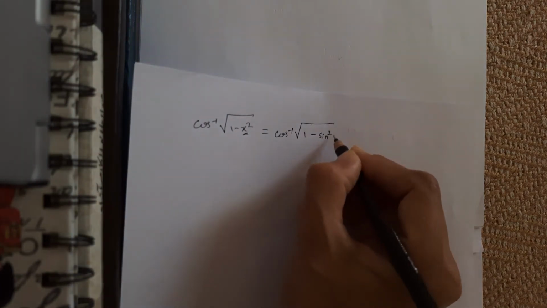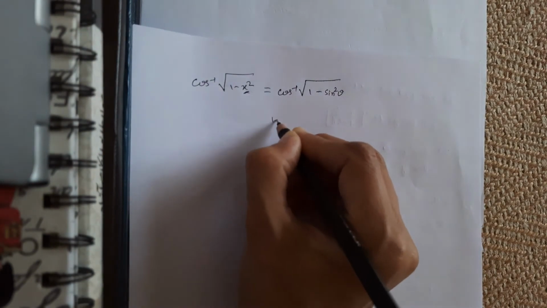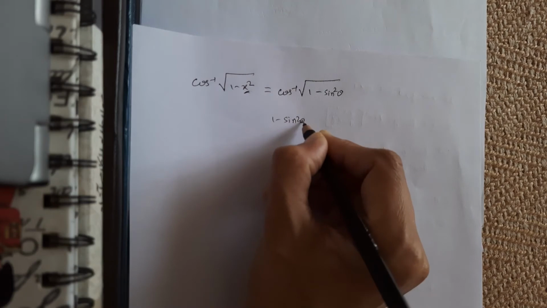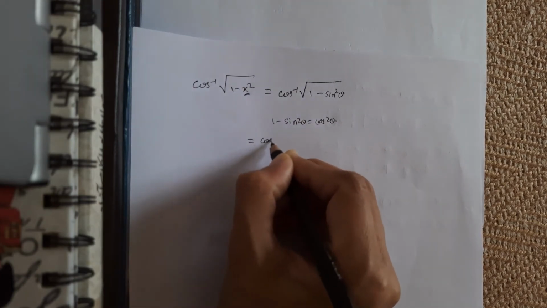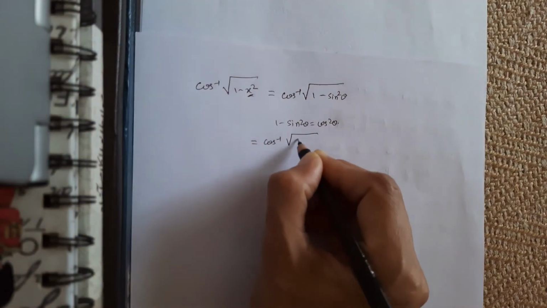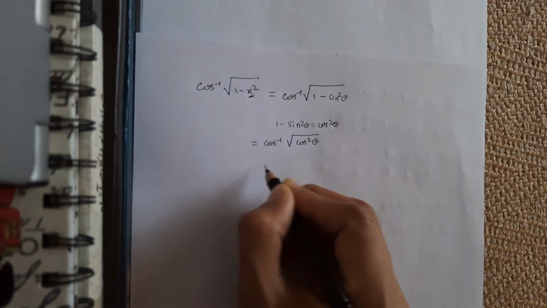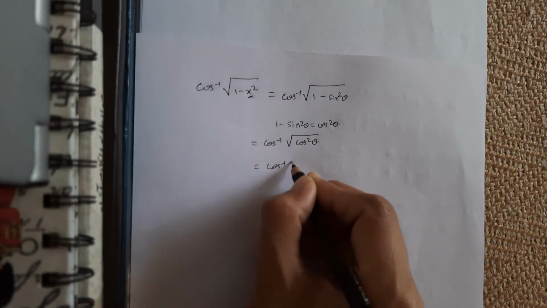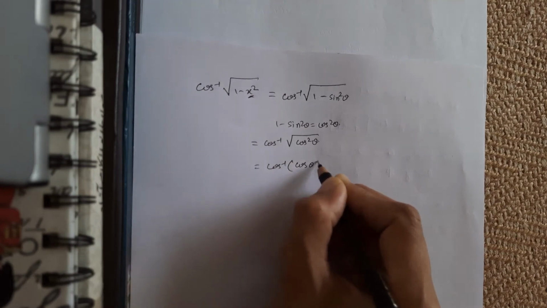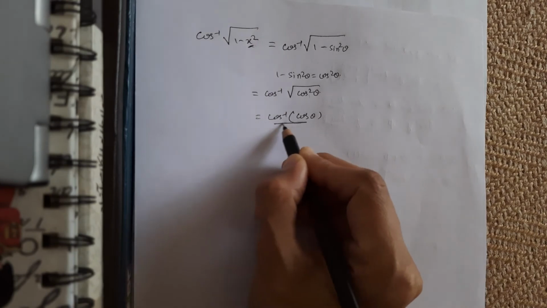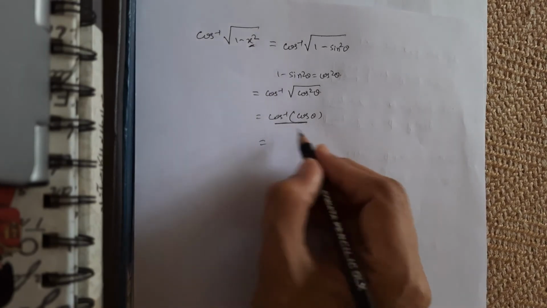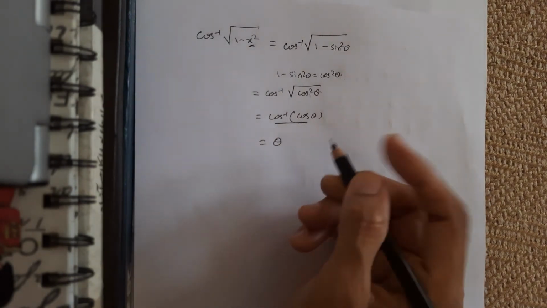It will be sin square theta. Now we all know that 1 minus sin square theta is equal to cos square theta. So this is equal to cos inverse of root cos square theta, which is cos inverse of cos theta, taking cos theta out of the root sign. Now cos inverse of cos cancels, so by the property we are getting theta.